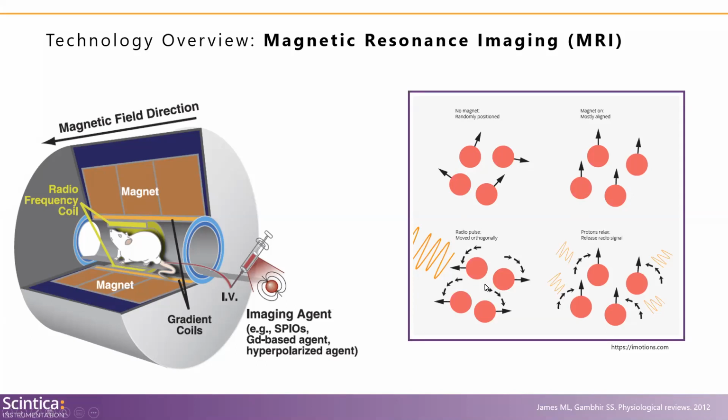But this only happens for a moment before the protons relax back to their aligned state. As those protons relax, energy is released, and this is what's detected by the sensors in the MRI. Then through some calculations, the computer can determine what the tissue looked like depending on the energy that's released.